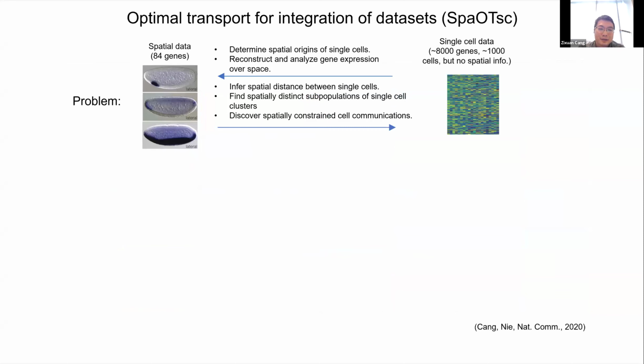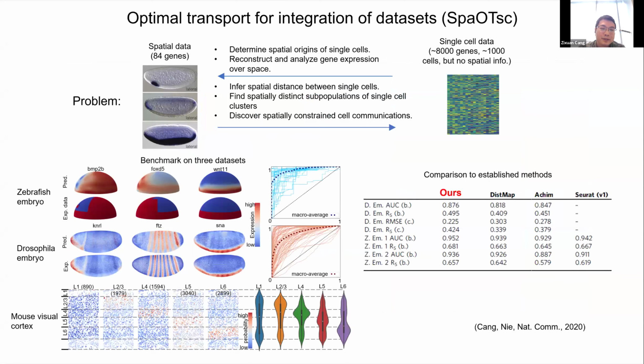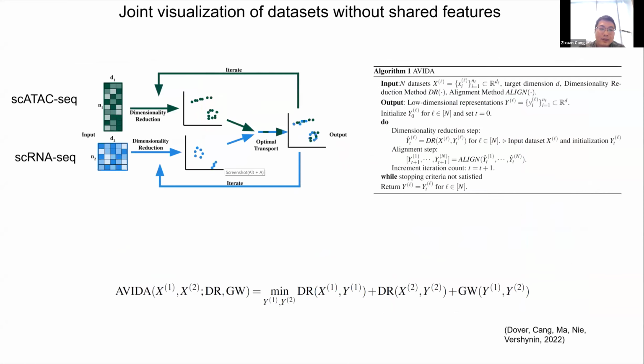Okay, so that's the background of the method. Now back to our application, we're able to use this optimal transport method to integrate, for example, single cell data with spatial transcriptomics data, using a setup with a cost between two data sets. For more challenging scenarios when we don't have shared features, of course, there are ways to turn the ATAC-seq data into a gene activity matrix and relate it to the gene expression columns in the single cell RNA-seq data.